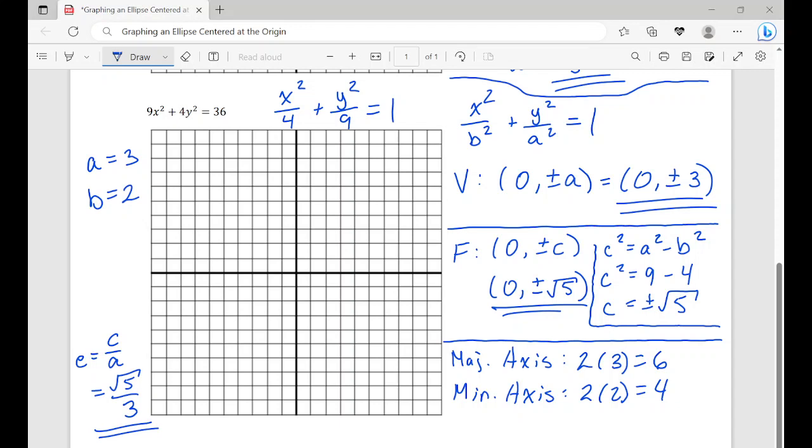So now that we have our vertices and everything else figured out, we can actually draw our ellipse. So again, we start off with our major vertices of 0, -3, and 0, +3. So 1, 2, 3, and then 1, 2, 3. But then we can follow the same path. Since b is along the x-axis, we're going to go 2 to the left and right.